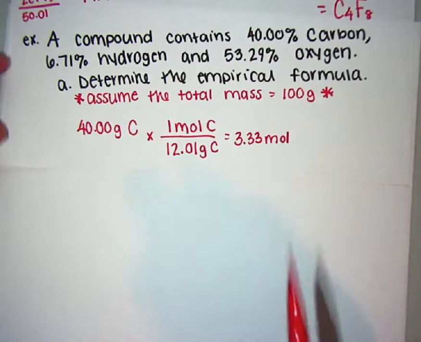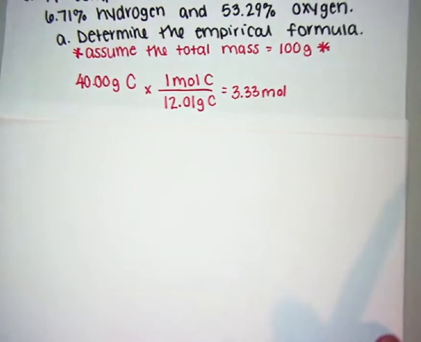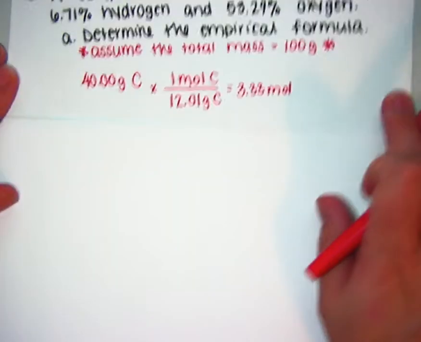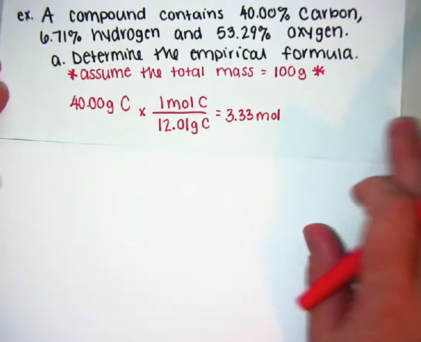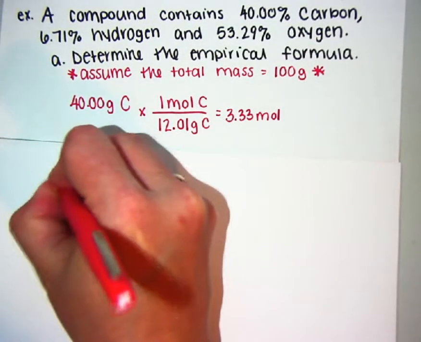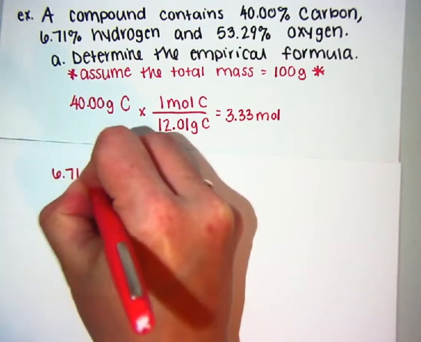We're going to do the same thing for hydrogen and also for oxygen. So again, assume a 100 gram sample. If I have a 100 gram sample and it is 6.71% hydrogen, I have 6.71 grams of hydrogen.